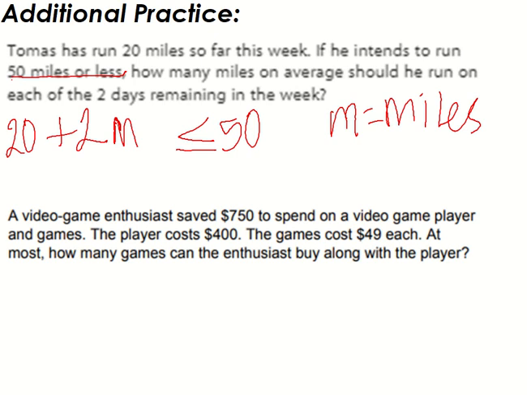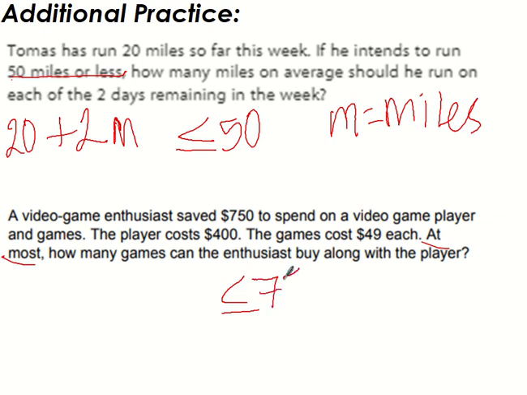All right, so again, pause, see if you can figure out this video game one, and then unpause when you feel like you've got it. A video game enthusiast saved $750 to spend on a video game player and games. The player costs $40. The games cost $49 each. At most, go look at your 7.1 part 1. How many games can the enthusiast buy along with the player? So remember, at most was again that less than or equal to sign because it's the maximum we can go.